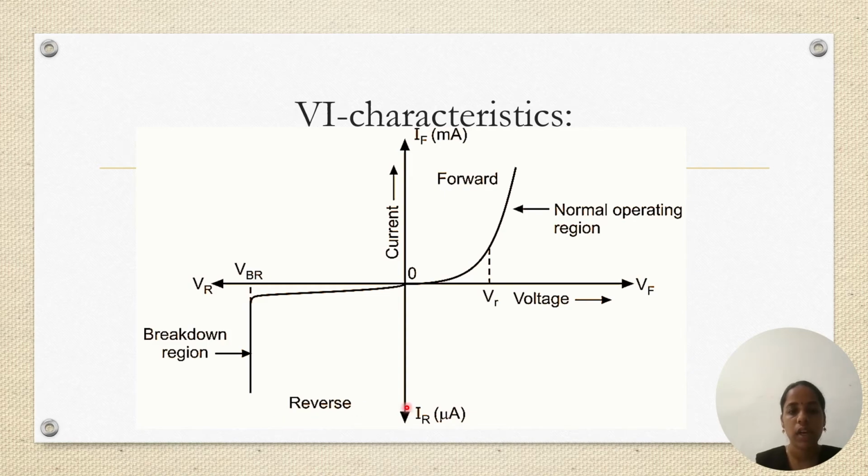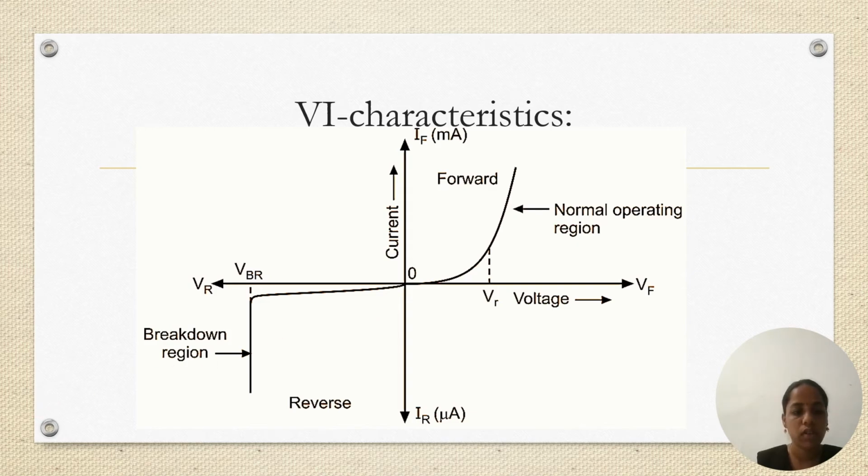It is the reverse bias. On the y-axis current flows and on the x-axis voltage flows. In breakdown region, VBR means reverse breakdown voltage occurs in this region. Next, VR means reverse voltage.